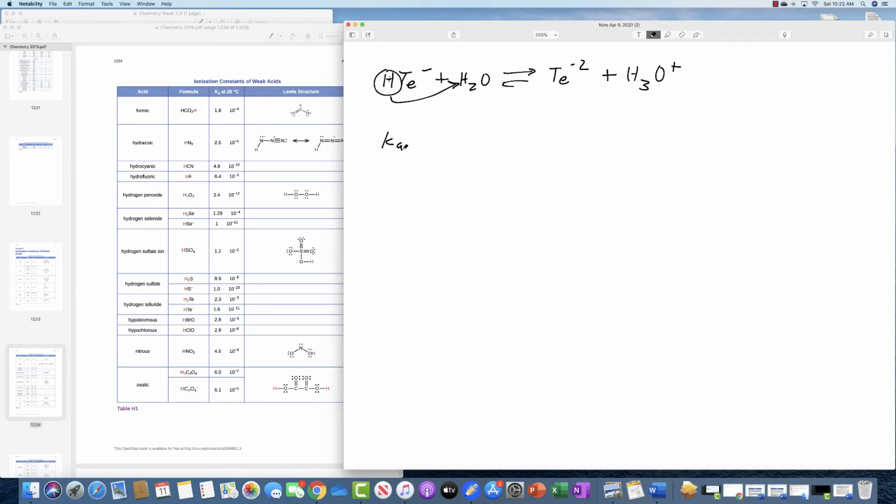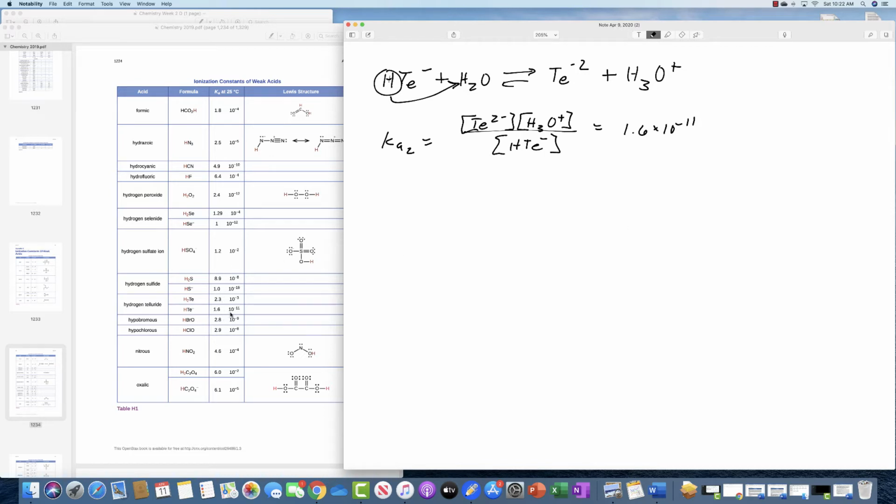Ka2, which is what this is equal to, is the products divided by the reactants. And if we look at this table right here, it's going to be 1.6 times 10 to the minus 11.